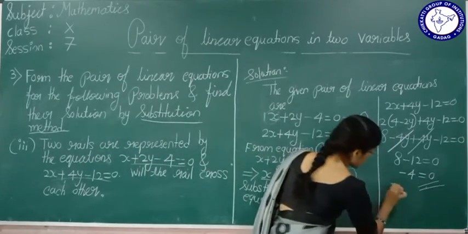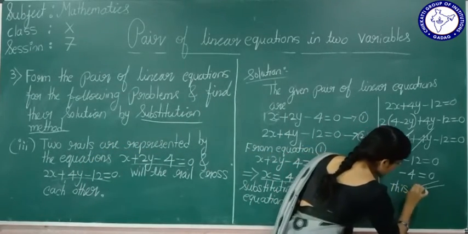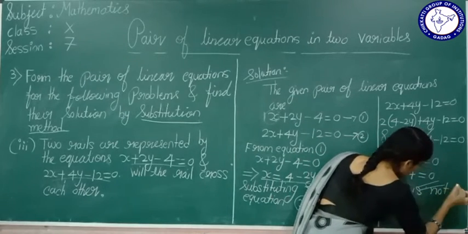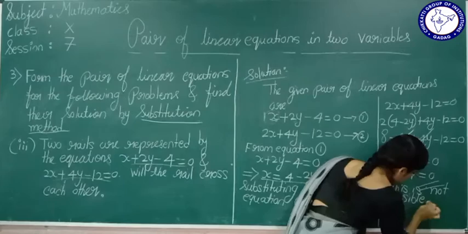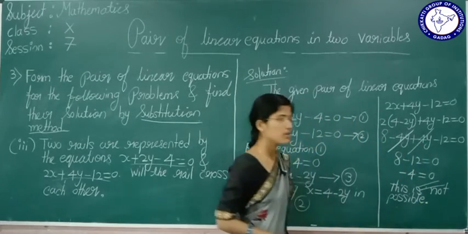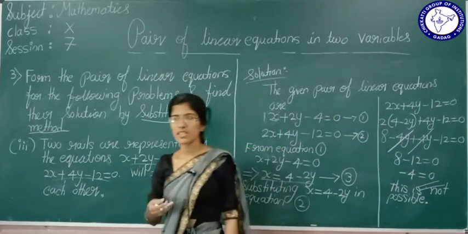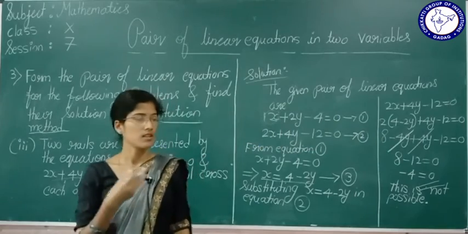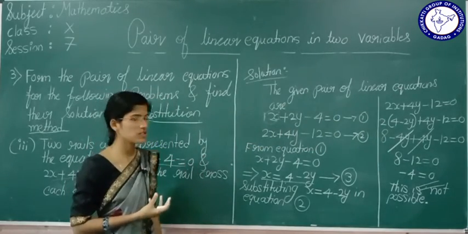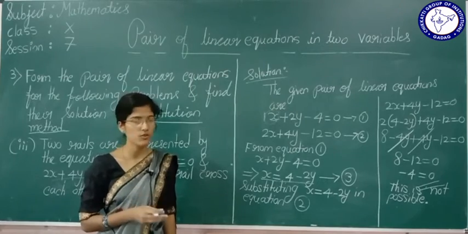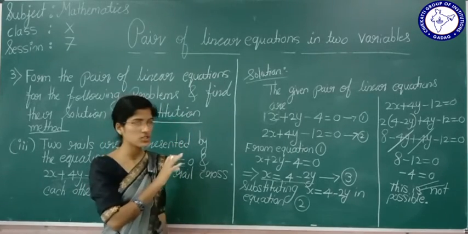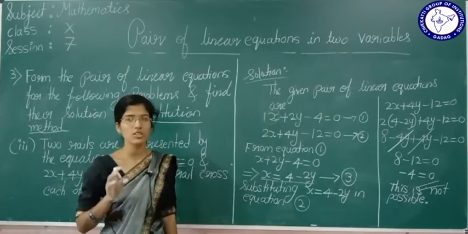So these linear equations do not have a solution. Yes or no? This pair of linear equations does not have a solution.